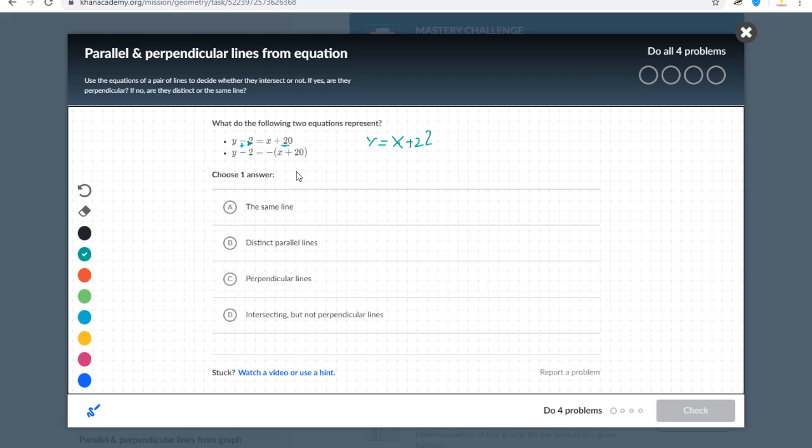Now I'm going to write this one down here. Let's multiply this negative all the way through. Let's just make this negative x minus 20. Then we can add the 2 over and make this minus x minus 18.